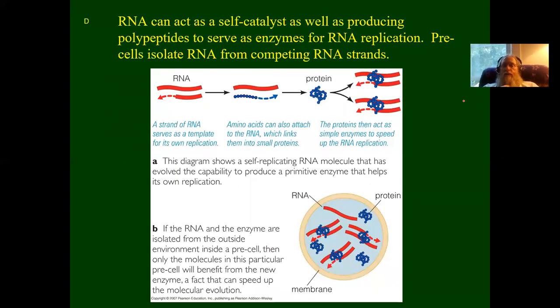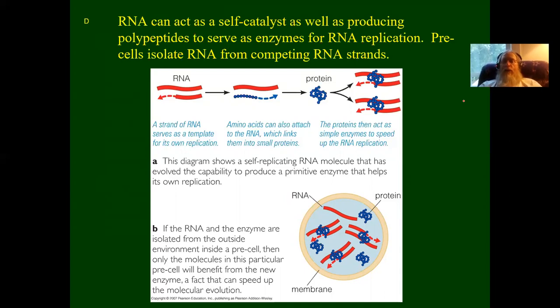Now, again, a reminder that if you've got other RNA nucleotides around, RNA will act as a catalyst for reproduction of itself. And we've also seen that RNA is involved in stringing together amino acids to make proteins, or polypeptides more simply.